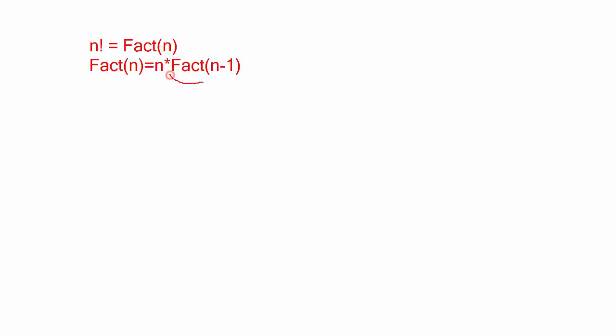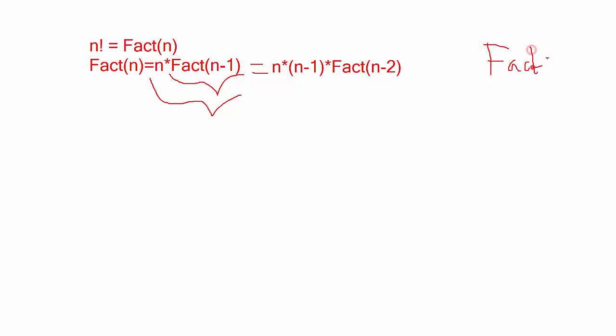When I substitute here, this whole thing will be n times n minus 1 times factorial of n minus 2, and so on, until we get to factorial of 1, which we know is 1.